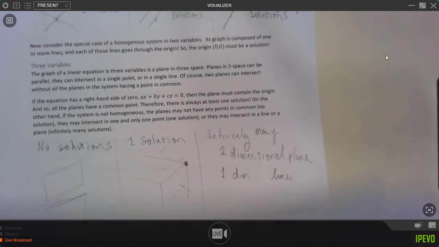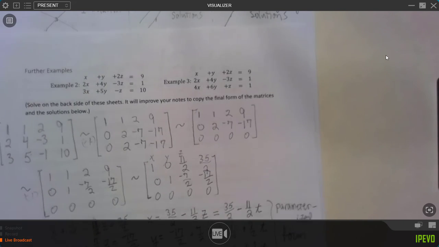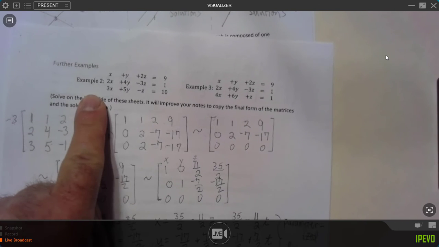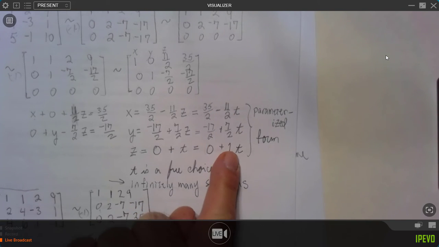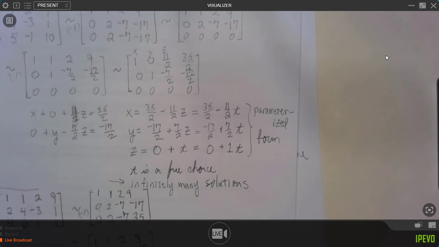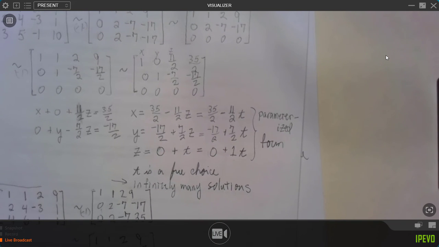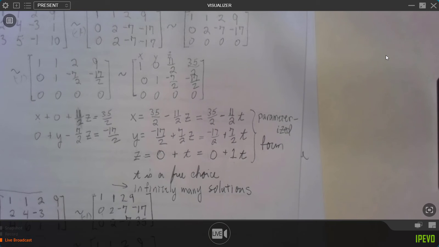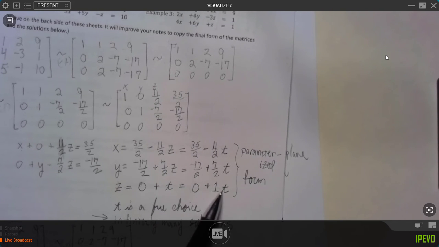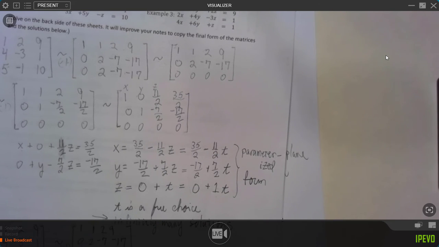When we did this one that had infinitely many solutions, example number 2, I got one parameter, so I have a one-dimensional line that is the solution. It is all the solutions to this system of equations. And if I had gotten two parameters, say an s and a t, then that would mean I have a whole plane of solutions.